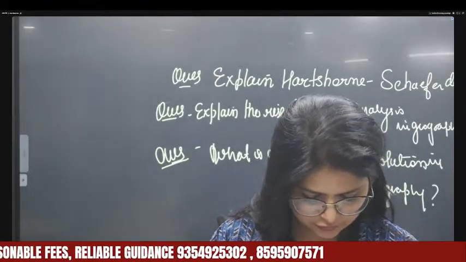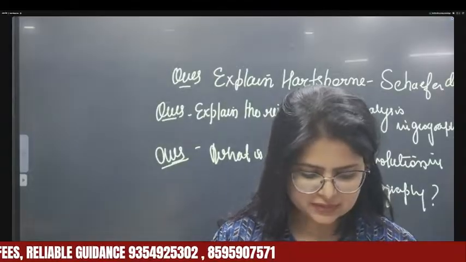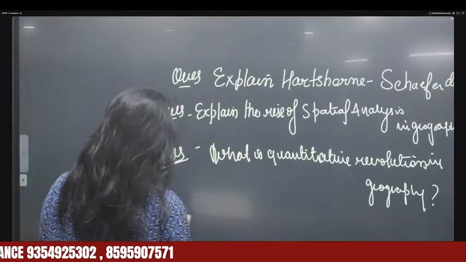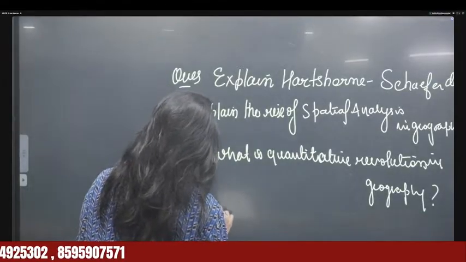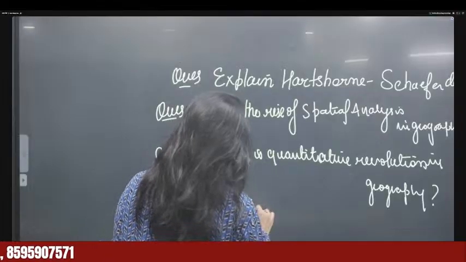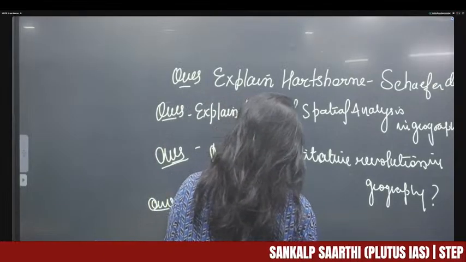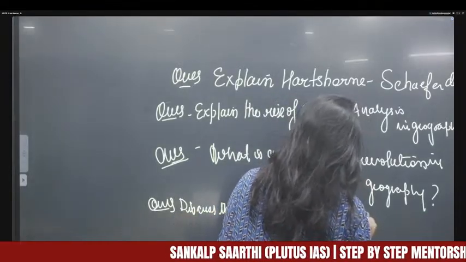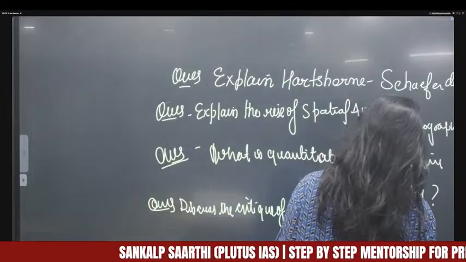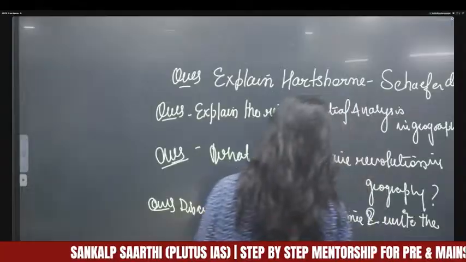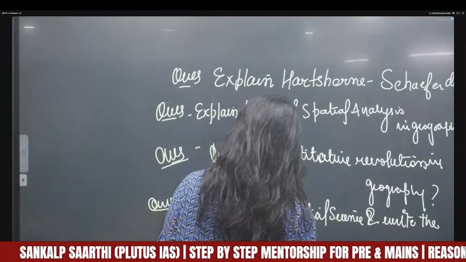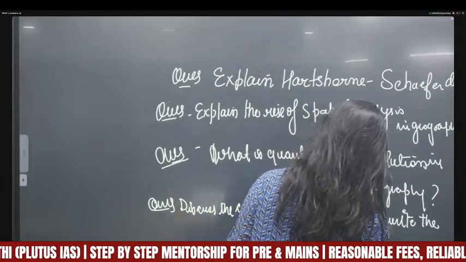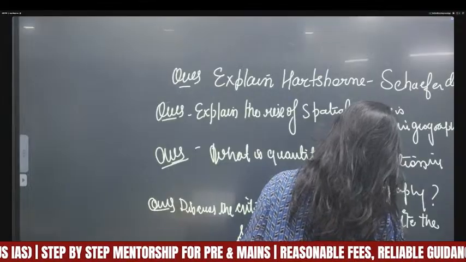Next, लिखेंगे. Radical geography I have already given to you. Okay. Write down. Discuss the critique of spatial science and write the significance of humanistic geography. ठीक है.